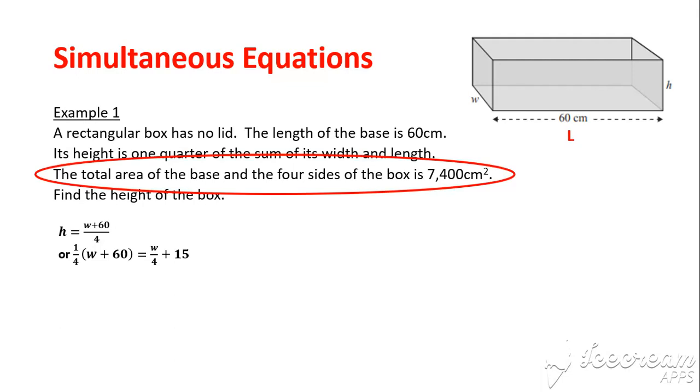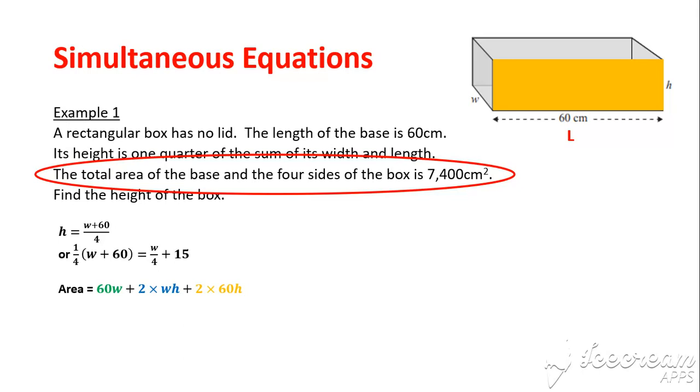Now let's turn our attention to this sentence. The total area of the base and the four sides is 7,400 centimeters squared. So let's start writing down an area rule. The area of the base is 60 times W. There's no lid, remember. The area of this side is W times H, and there's two of them. And the area of this side is 60 times H, and there's two of them.